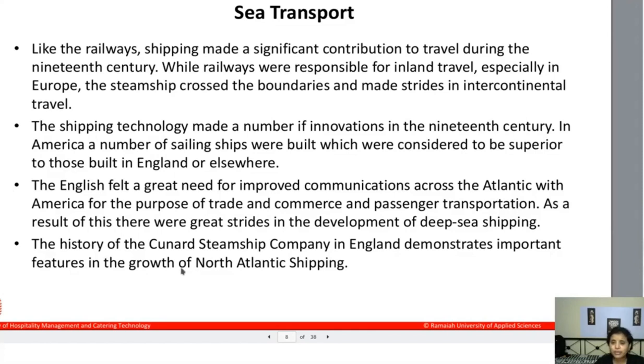Along with freight, they started giving opportunities to travelers to travel to other continents, and it has contributed a lot to the growth of North Atlantic shipping as well. So whenever we talk about cruises, the Cunard Steamship Company's contribution is highly noted and been said by all the tourism scholars.